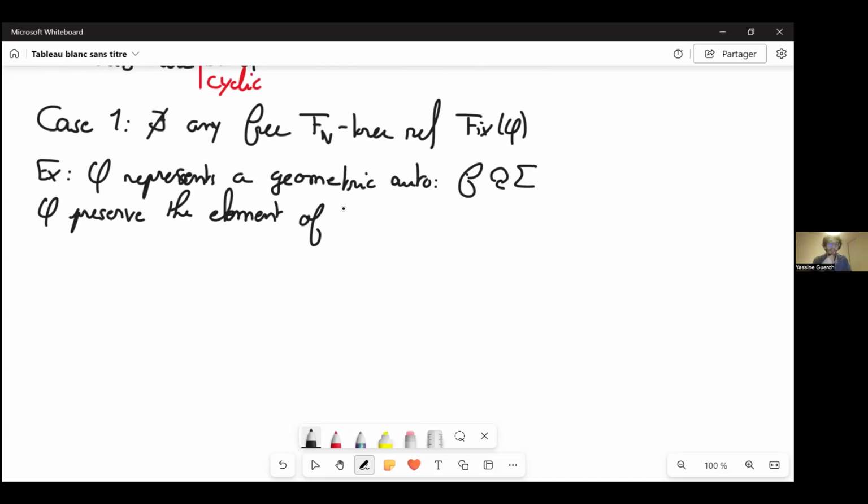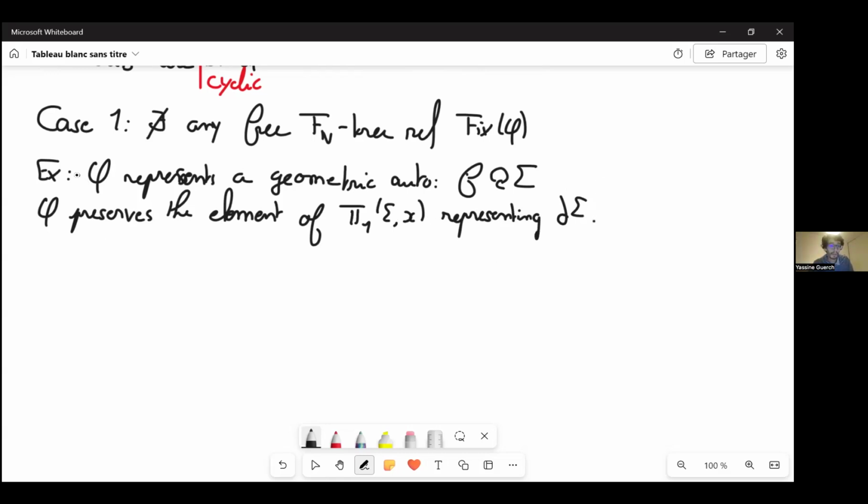And this is because phi preserves the element of the fundamental group of the surface representing the boundary component. And the boundary component of the surface can never act freely on an FN tree with trivial edge stabilizers.